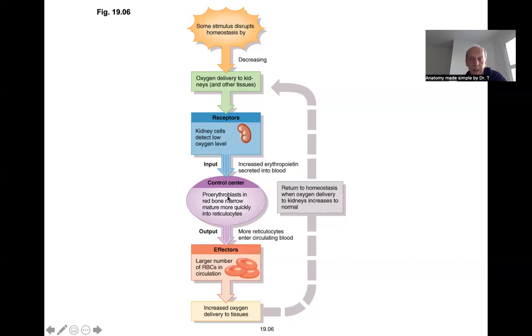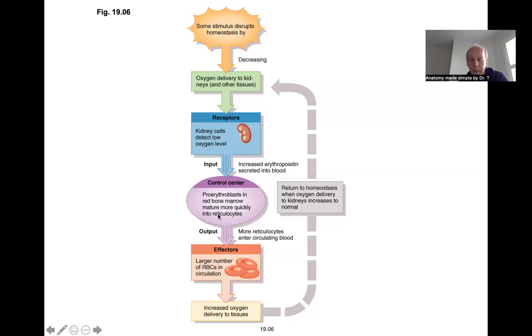They're on standby. They do not necessarily produce more red blood cells than the maintenance daily routine. But we're talking here about some kind of disruption from homeostasis, something that requires more significant involvement of red bone marrow. So under the influence of erythropoietin, more proerythroblasts mature.